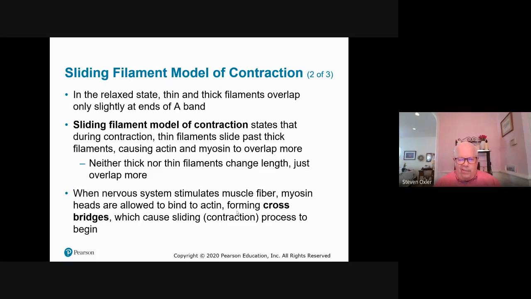In the filament model of contraction, the thin filaments move. They don't change shape, they overlap. When the nervous system stimulates the muscle fiber, the myosin heads are allowed to bind with actin, forming a cross bridge, which causes sliding, otherwise known as contraction.